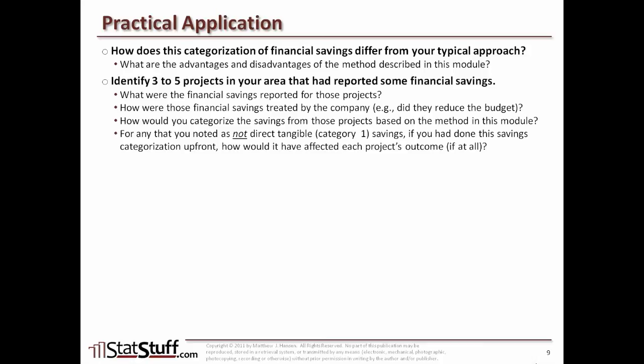In other words, if there's a particular project where maybe you claimed X millions of dollars in savings, but you found through learning these different categories in this particular lesson that maybe you would only call it a category 3 type of savings, if you had known that up front before even the project began, would that have changed whether you did the project or not, now that you know it wasn't necessarily something that was affecting the bottom line for the organization? Well, that wraps up this lesson.